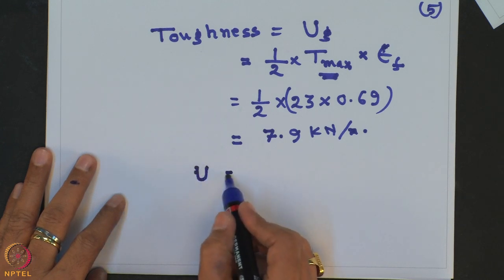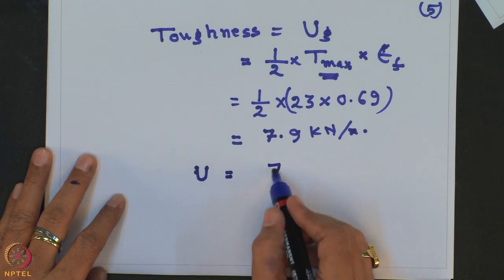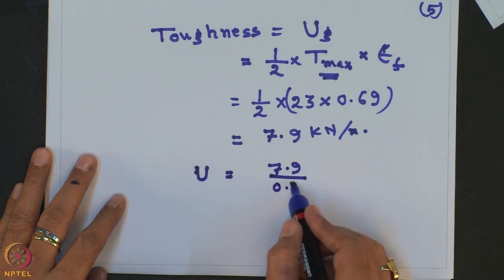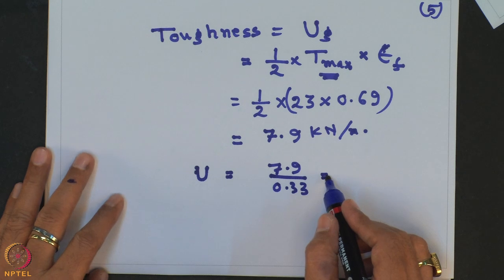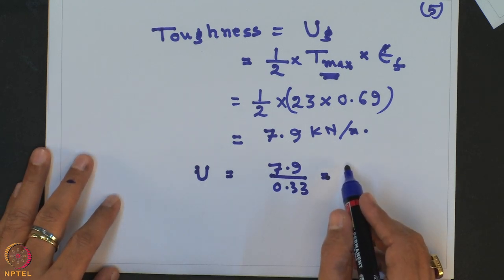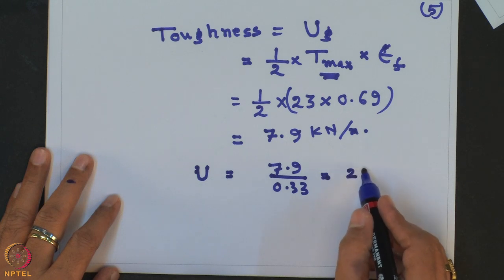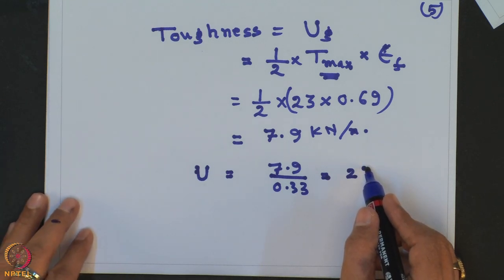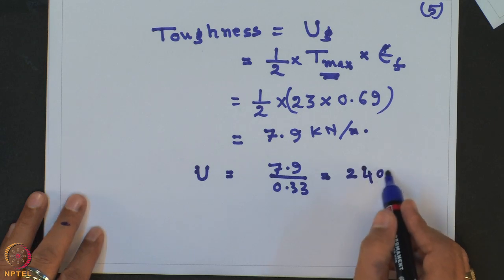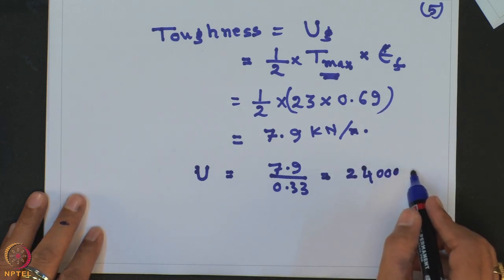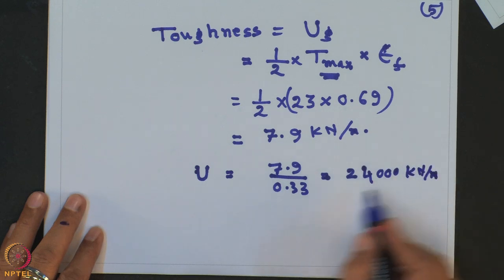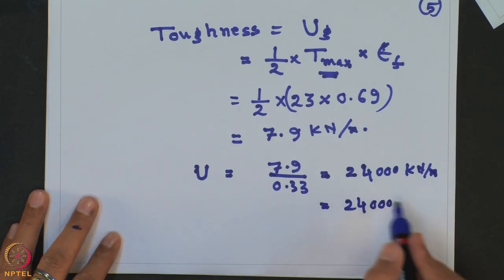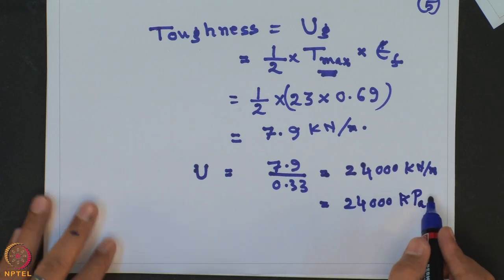That means U can be determined as 7.9 divided by the thickness 0.33, which is equal to 24,000 kilonewton per meter square, or 24,000 kilopascal.